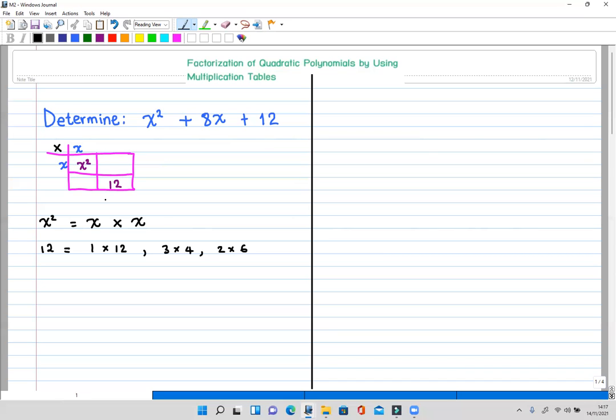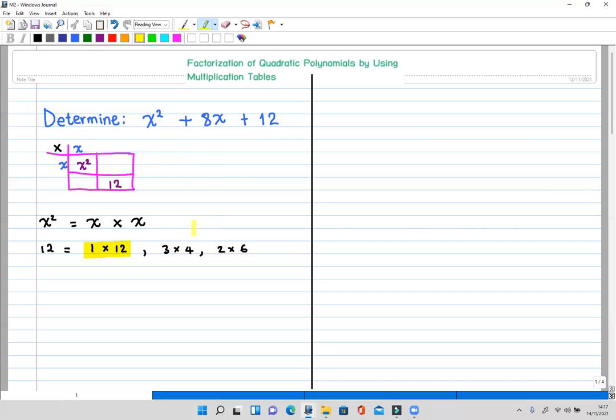Now, if we use 1 times 12, 1 times 12 will give us 12, but 1 plus 12 is not equal to 8.